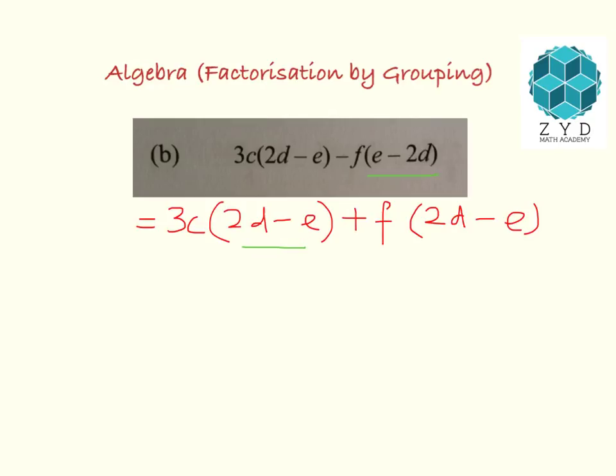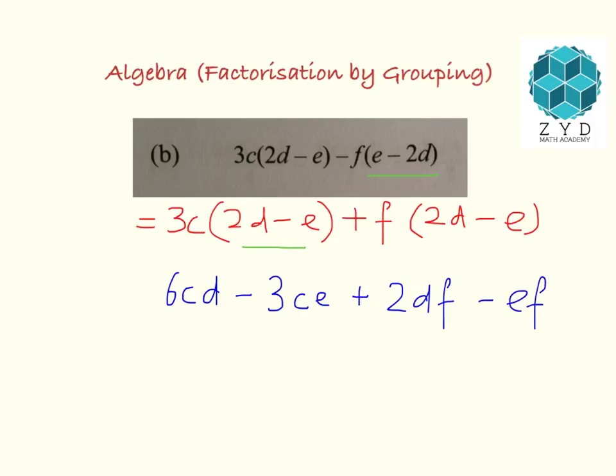Okay, so how do you know that you have done it right? Let's expand all these terms again. Let's open up these brackets again. So we will get 6cd minus 3ce plus 2df minus ef.